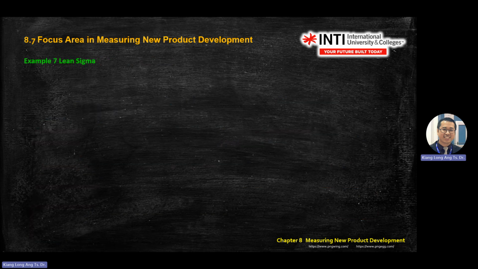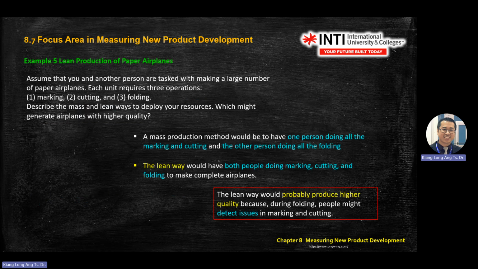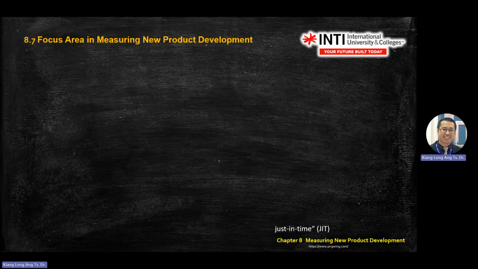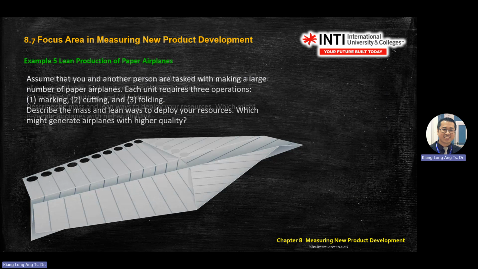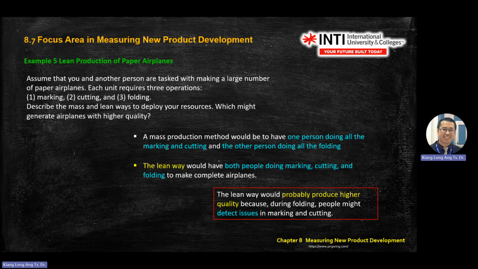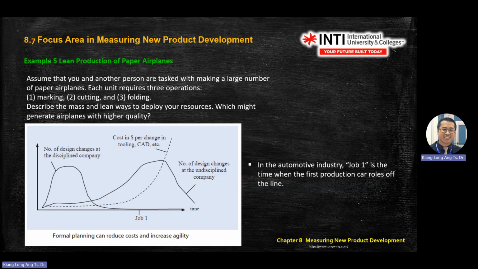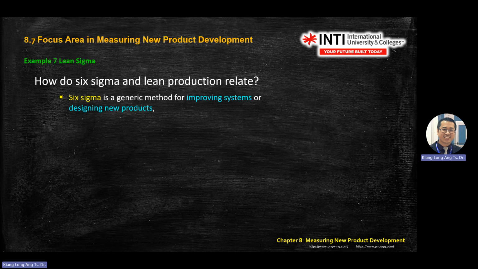Lean manufacturing. Have you heard about lean manufacturing? No? Okay. The word lean, this one should be included in the quality module. If you see the word lean, lean manufacturing, Lean Six Sigma.